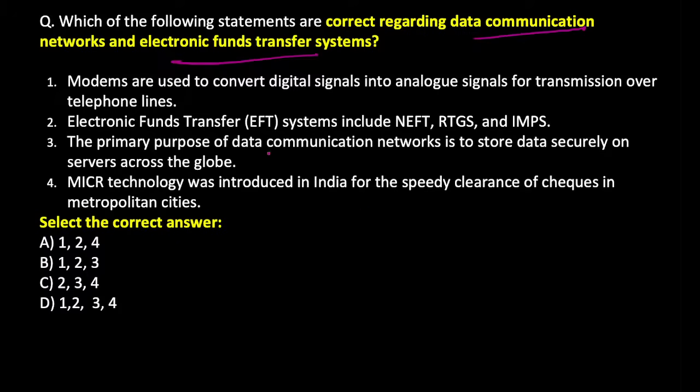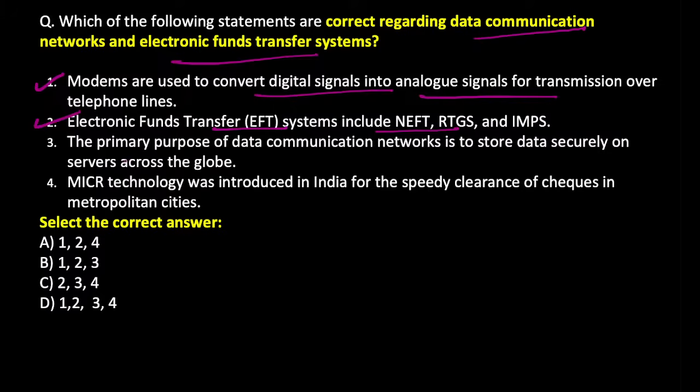So the first statement: modems are used to convert digital signals into analog signals for transmission over telephone lines. Another one: electronic fund transfer systems include NEFT, RTGS.